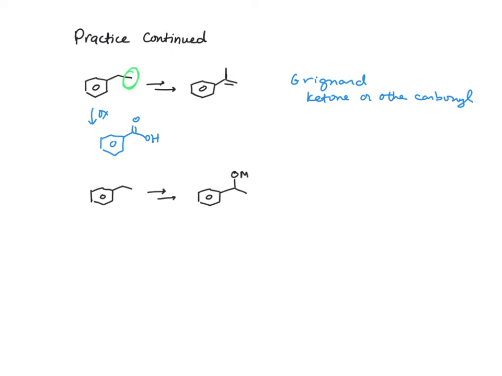We know that if we add a Grignard reagent to an ester 2 times, we'll get the addition of those 2 Grignard alkyl groups. So that's what we're going to need to do next, is to form an ester. It doesn't matter what ester we form, but let's just form a methyl ester.